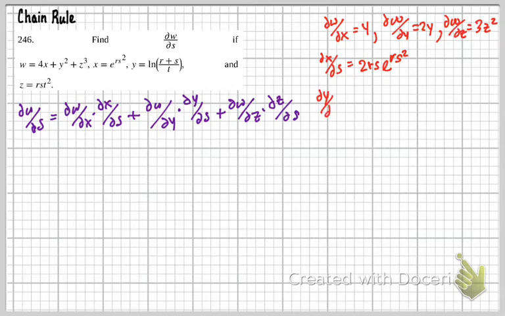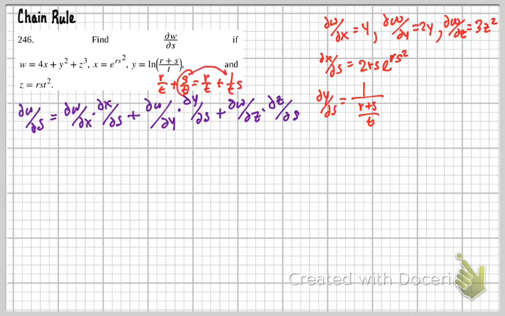Now the dy ds is going to be a little more weird because the derivative of ln is 1 over whatever I have in the ln. So it's 1 over r plus s over t. And then you have to understand that when I look inside of here, this is really r over t plus s over t. And to take it a step further, this is really r over t plus 1 over t times s.